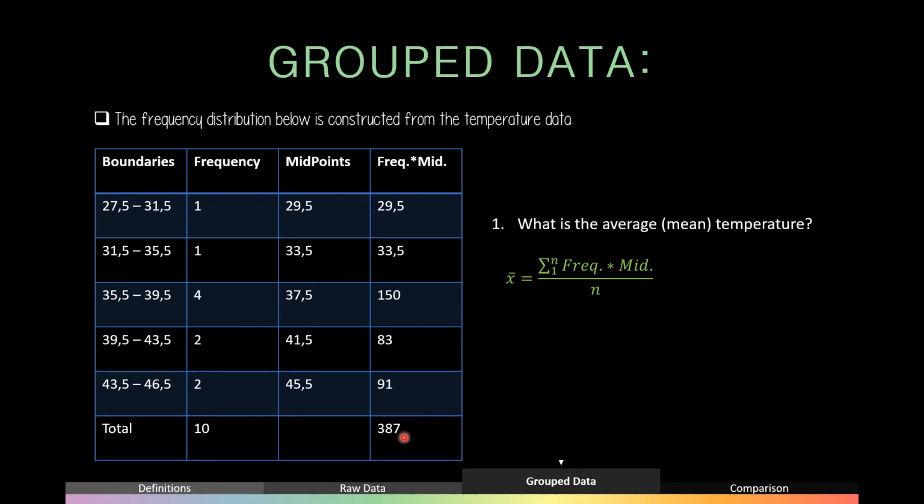So you can see that the summation of the frequency times the midpoint is given by this value of 387 divided by 10, our total, which gives us an average temperature of 38.7 degrees Celsius. If you think back to when we worked with the raw data, we actually got an average of 38.8 degrees Celsius. Of course we're not expecting the same value because we're not working with the actual data values.